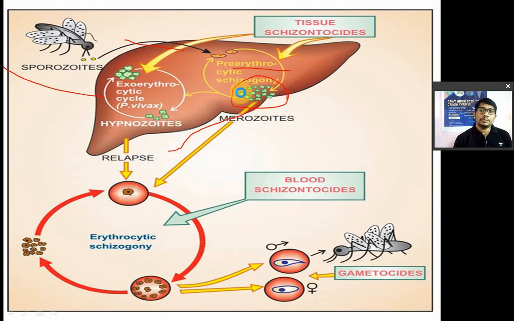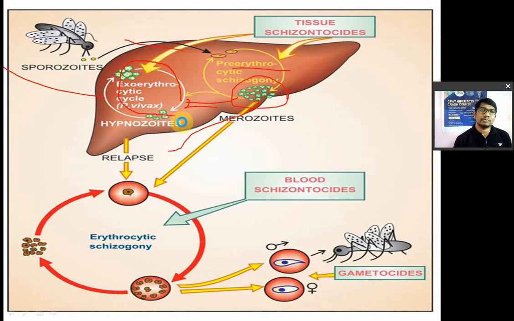Now, if the malarial parasite is Plasmodium vivax, Plasmodium malariae, or Plasmodium ovale, some of these merozoites will go into a dormant condition, and when conditions are favorable, again they will multiply themselves.